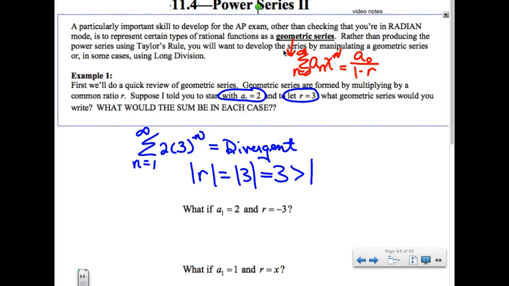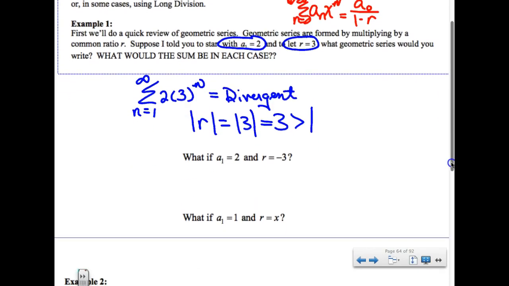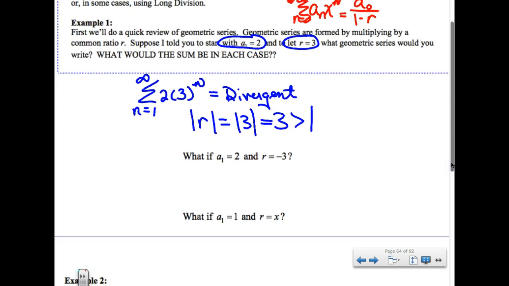But when we get to our power series, that common ratio is going to have some x's in it, so this whole statement right here becomes pretty powerful for considering what we call our interval of convergence. I'm going to change this one, and let's suppose that's a negative 1/3 instead of a negative 3, because otherwise that one diverges as well, because the absolute value is greater than 1.